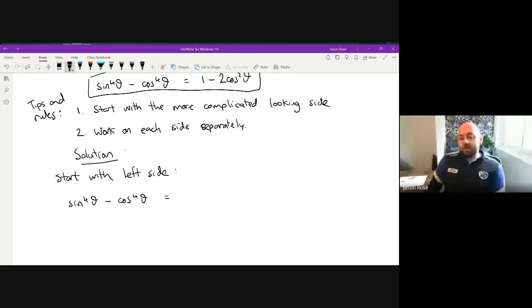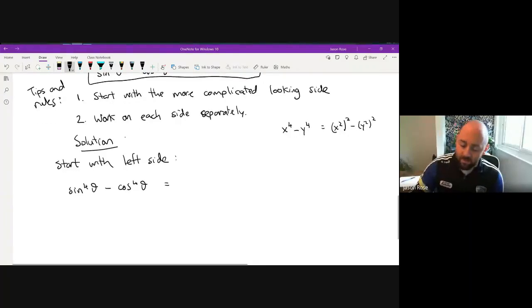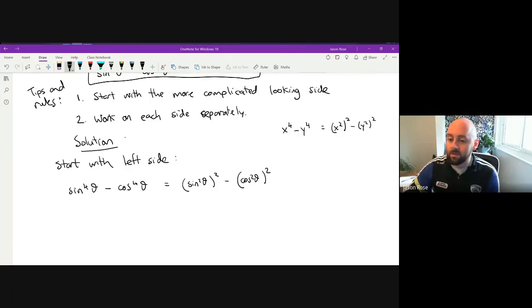What's coming to my mind is something that we did earlier in the term where we had things that looked like, let's say, x to the 4 minus y to the 4. I would be inclined to say that's x squared squared minus y squared squared, and use the difference of squares. So that's what I'm going to do here. I'm going to treat this as sine squared theta squared minus cosine squared theta squared.